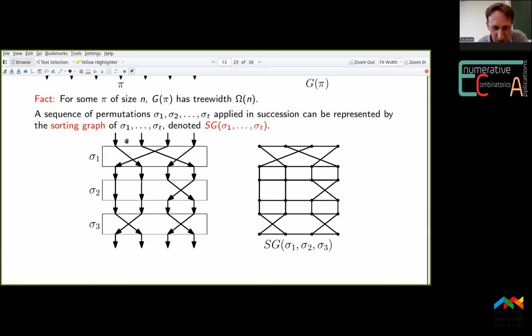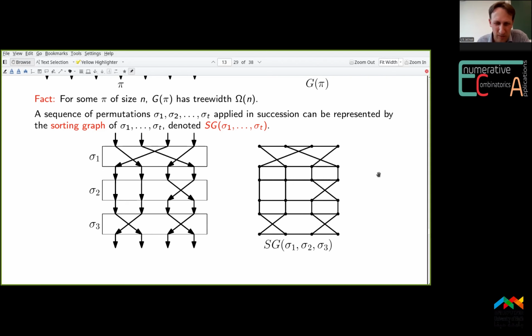So for each individual permutation in that sorting sequence, I have the corresponding sorting graph over here, and the sorting graphs of the individual steps are stacked on top of each other, and they are interconnected by n vertical edges to make all this into a single graph.